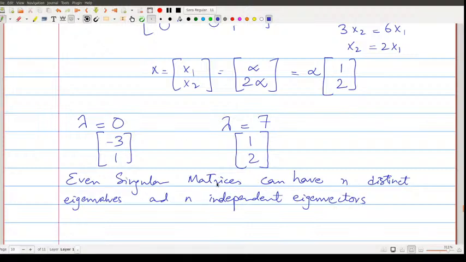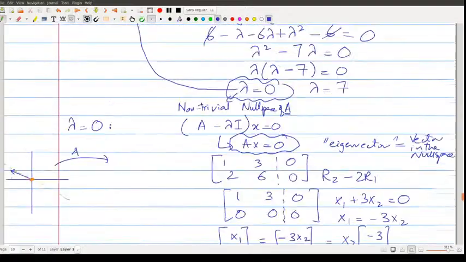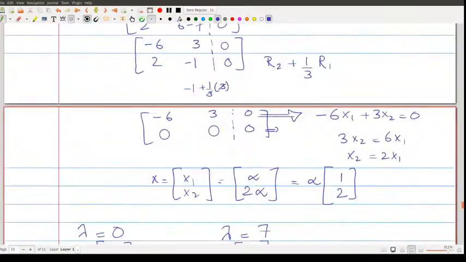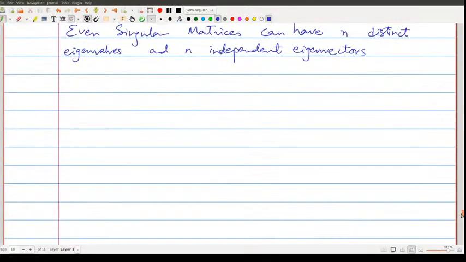So it being singular has no bearing on what the eigenvalues and eigenvectors are. Of course, this is a special eigenvector which shrinks down to 0, but it's still there, right? So it has an eigenvector. Okay, so this was a good example to do.